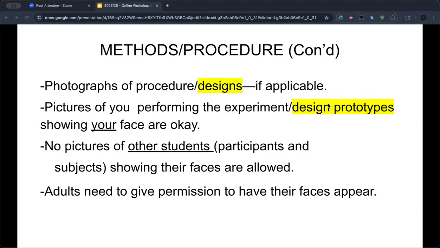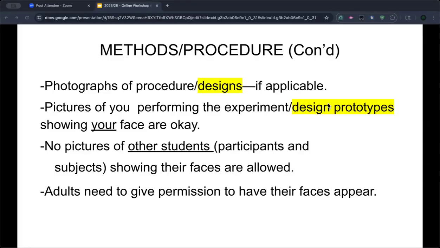Okay. So you can also use photos of your design, like any blueprints or pictures of you actually doing your experiment. And if you have a picture of you doing your experiment, make sure that it's only your face.